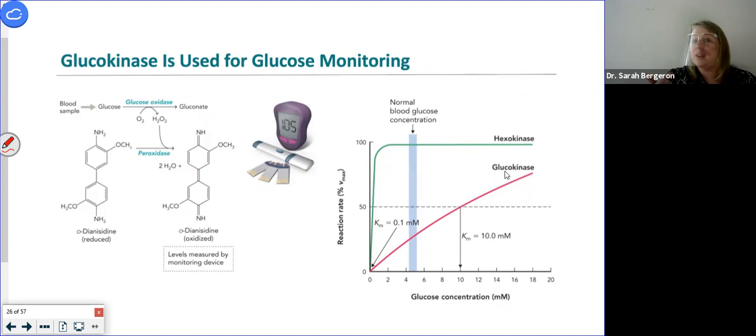What do I do with that excess carbs? Store it in glycogen in the liver. So the pancreas makes insulin, the liver makes glycogen. What are the two organs where we have glucokinase? Liver and pancreas. So you need to be able to explain why there are differences between hexokinase and glucokinase, where they're located, and why that difference is important.